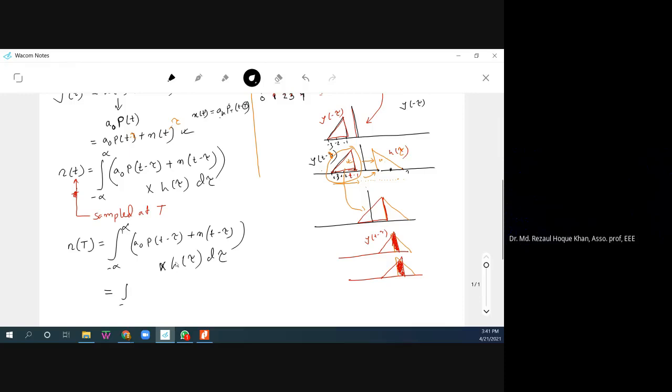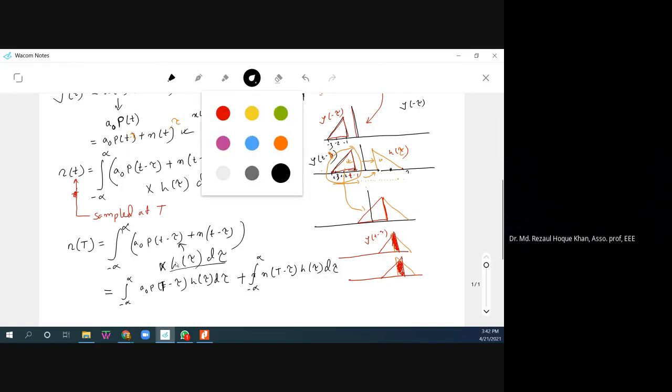The integral from minus infinity to plus infinity of a0 p of T minus tau, h of tau d tau, plus, multiplying the bracket term, the integral from minus infinity to plus infinity of n of T minus tau, h of tau d tau, where n is sampled at T. So we actually got two components here.